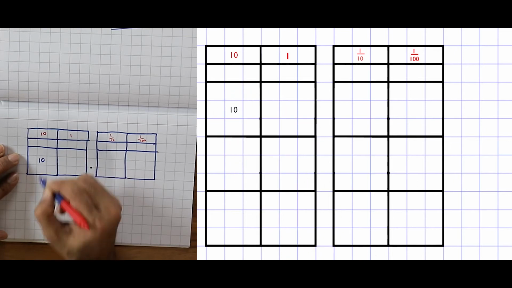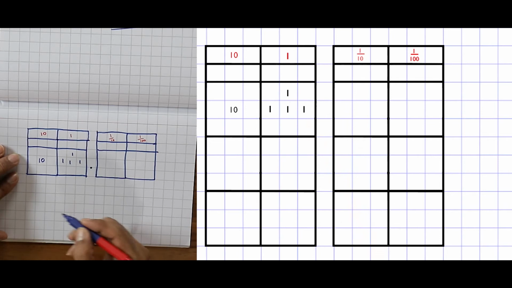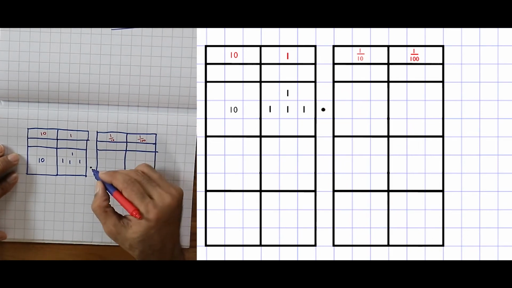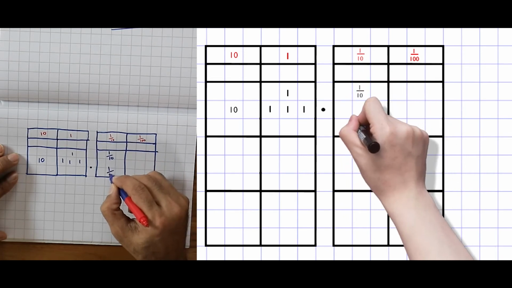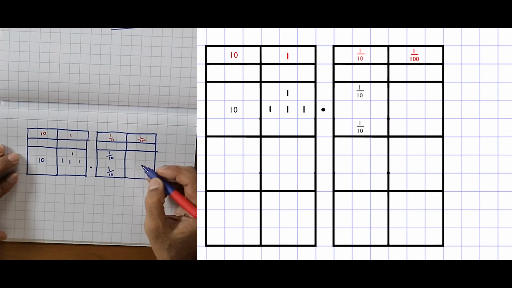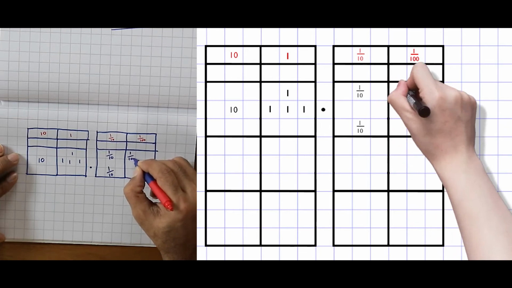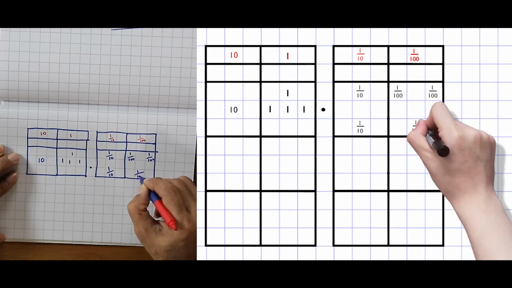How do we write it? There is 1 ten and 4 units. After the point, we have 2 1/10ths. We have 2 of them, and we have 3 1/100ths.